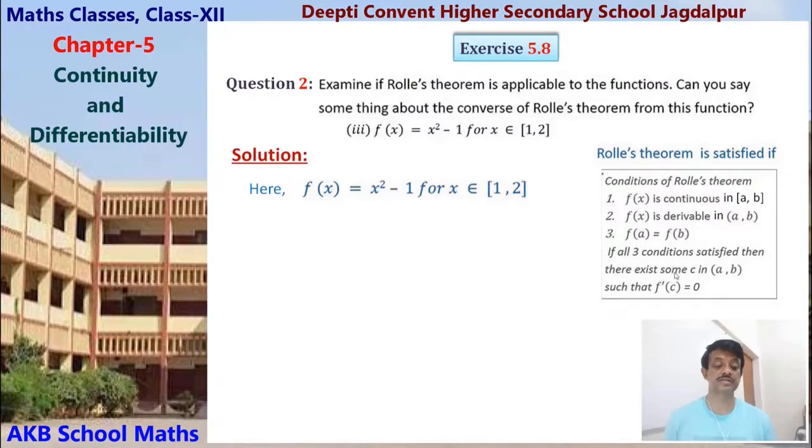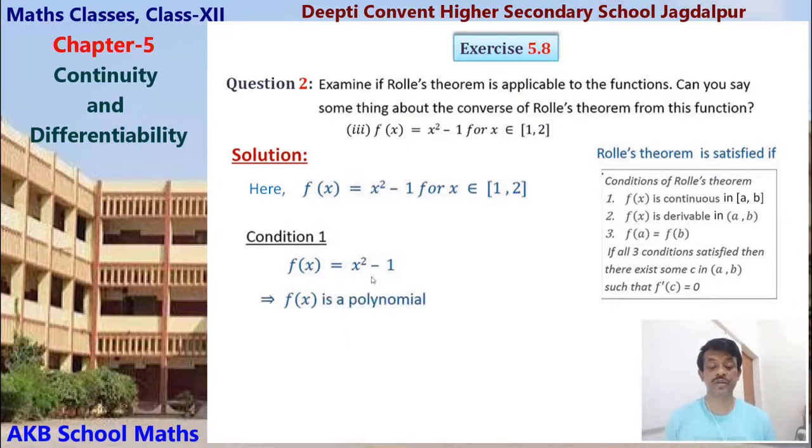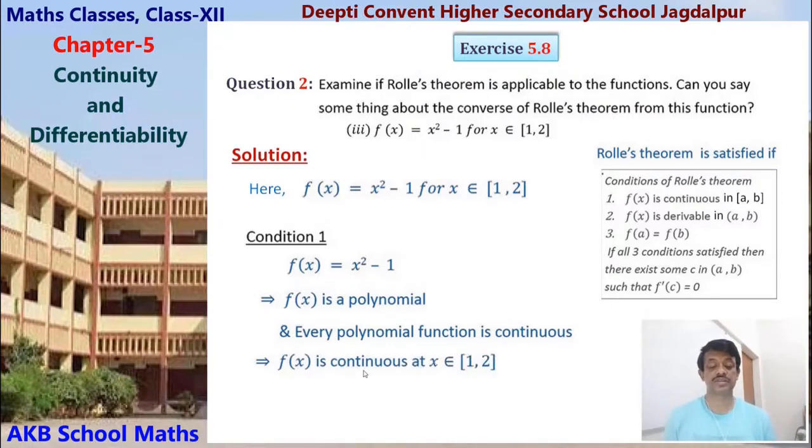Testing condition 1: f(x) equal to x square minus 1 is a polynomial, and every polynomial function is continuous. That is, the function is continuous in the interval [1, 2]. The first condition is satisfied.